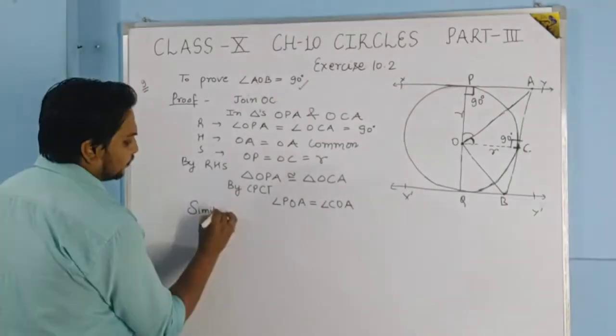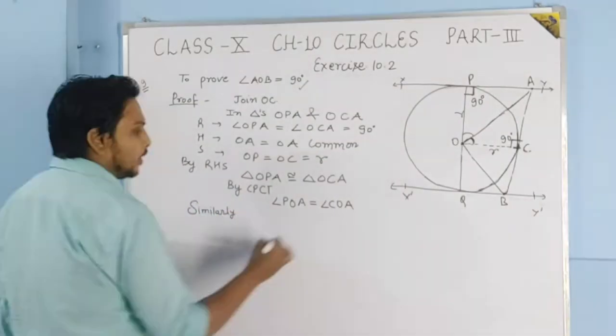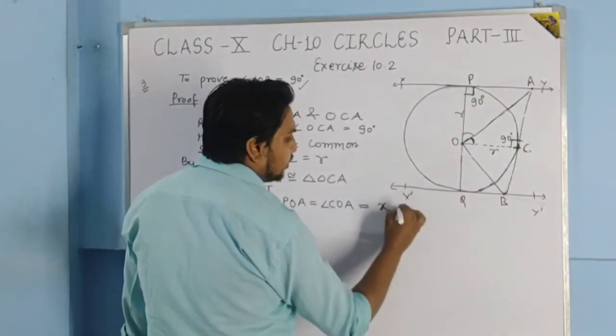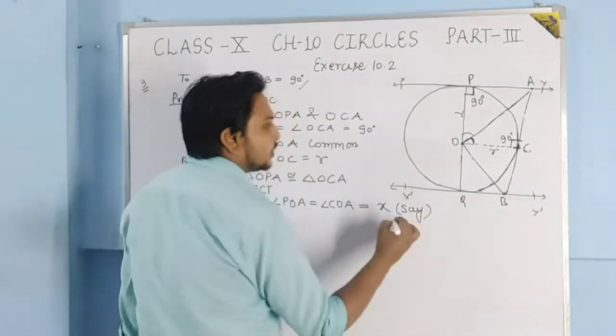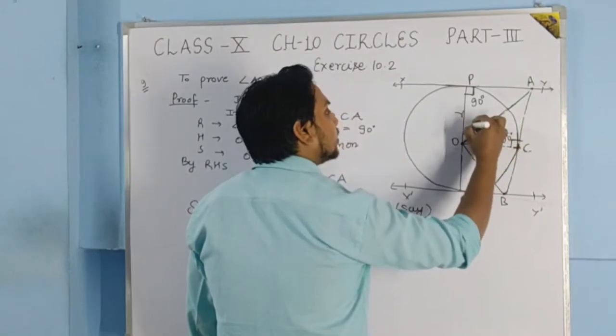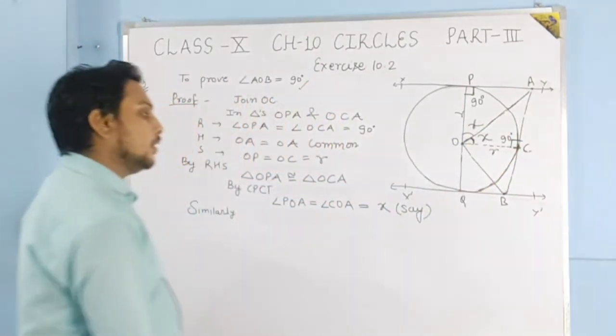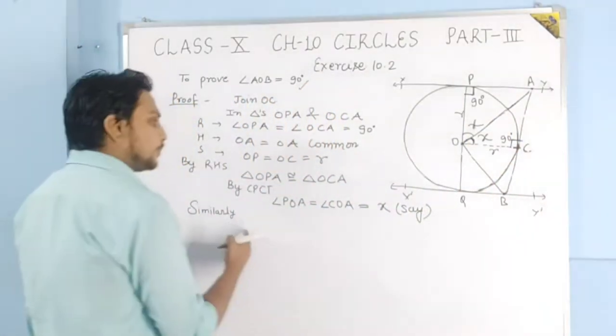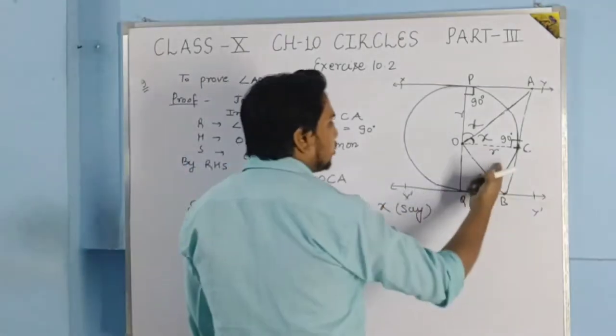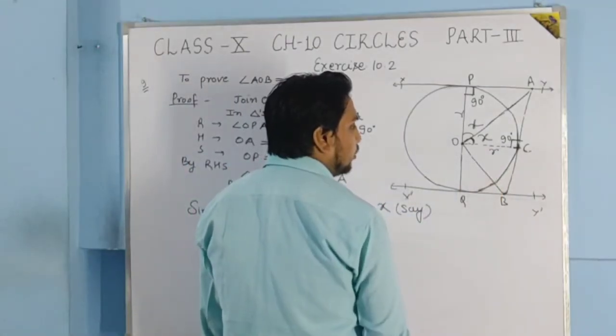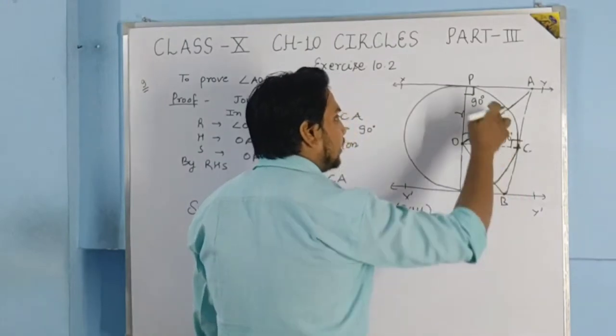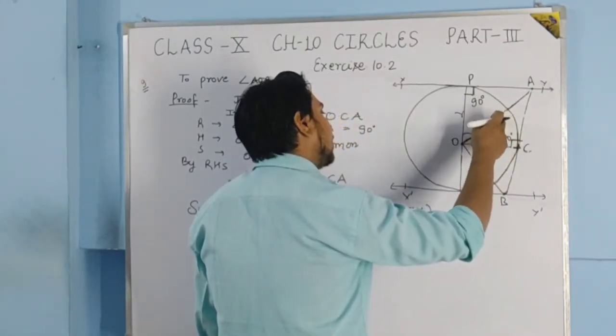Similarly, let us say that it is equal to x. Suppose it is x, so it will also be x. Similarly, can we show that these two triangles will also be congruent?